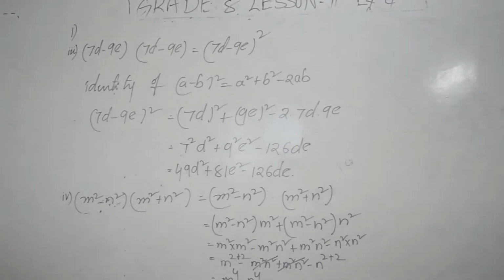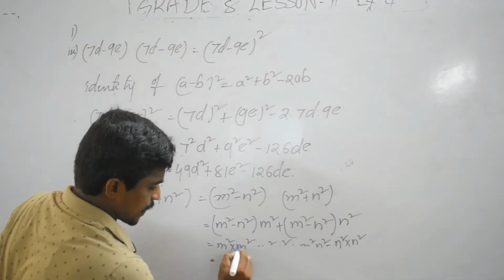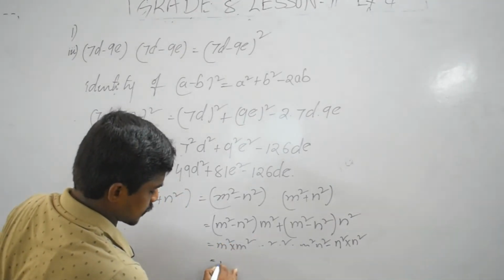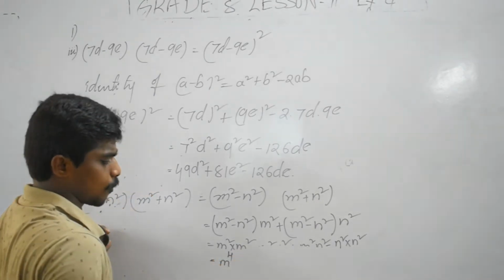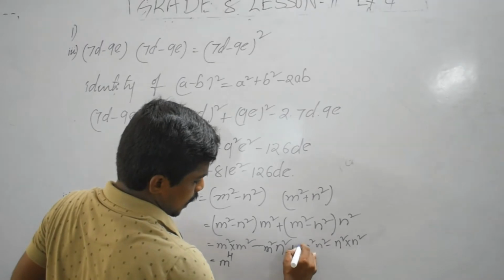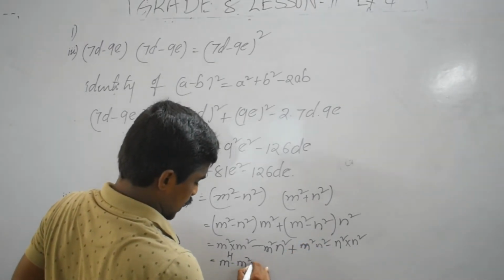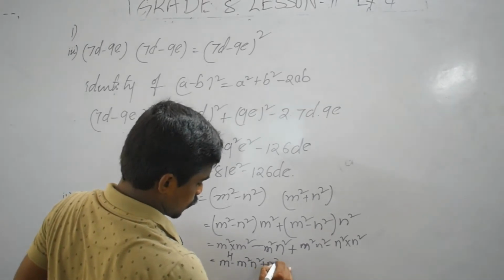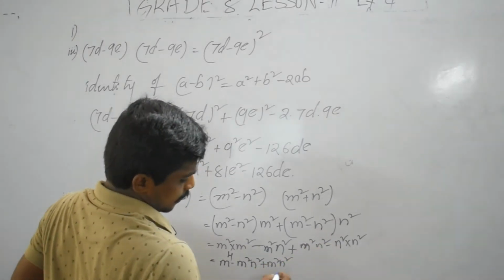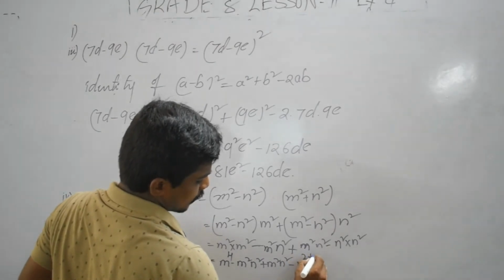So here m square cross m square: bases are equal, powers add. m power 4 minus m square n square plus m square n square, m square plus m square n square. Here bases are equal, powers are added.